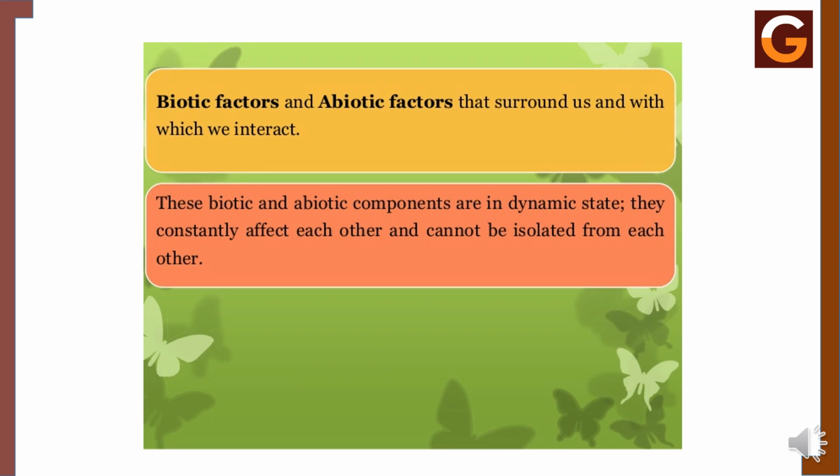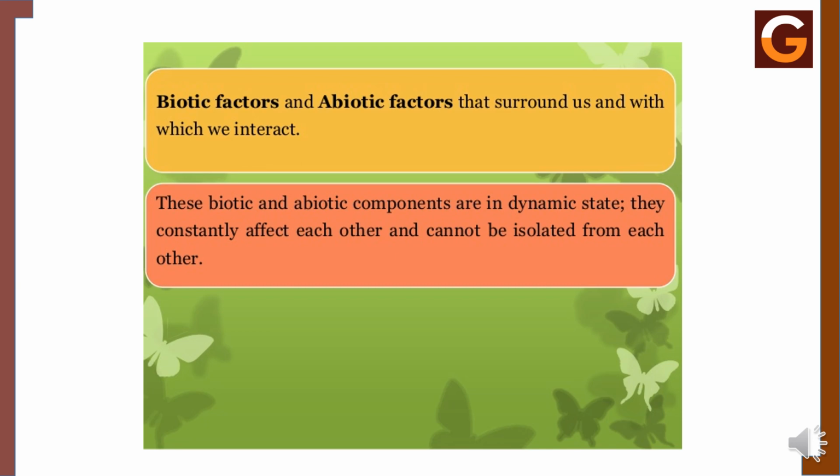If you look around or in your surroundings, you can see that there is an interaction between the living components and the non-living components. That is, there is an interaction between the biotic components as well as the abiotic components. Because of this constant interaction between them, the life sustains in the earth.